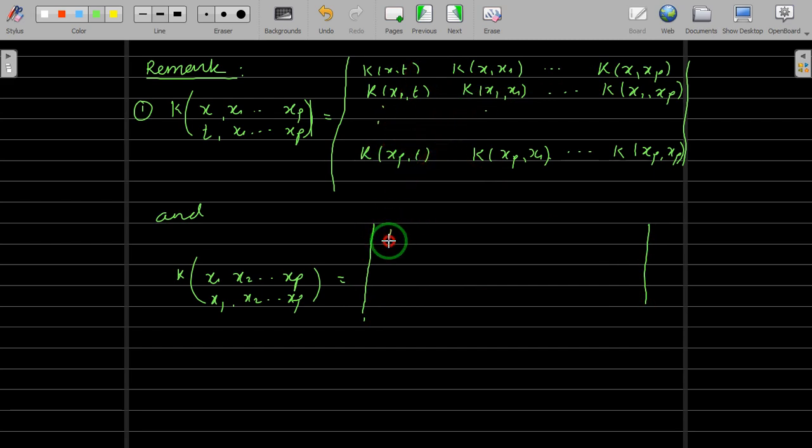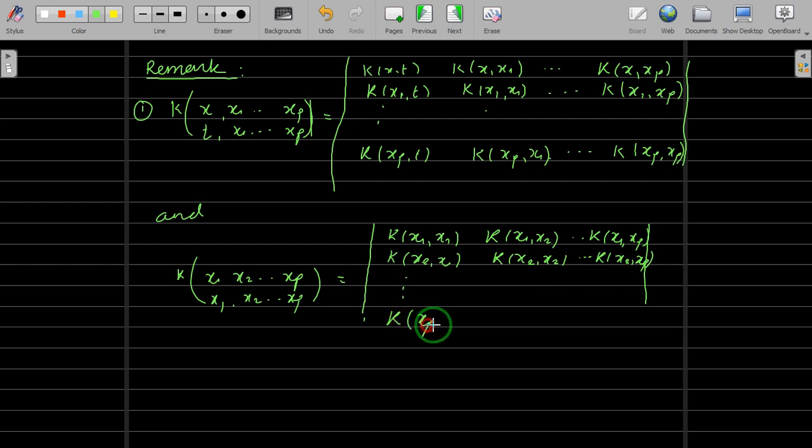So it is K(x1, x1), K(x1, x2), K(x1, xp), then K(x2, x1), K(x2, x2), K(x2, xp), and the last row will be K(xp, x1), K(xp, x2), K(xp, xp).